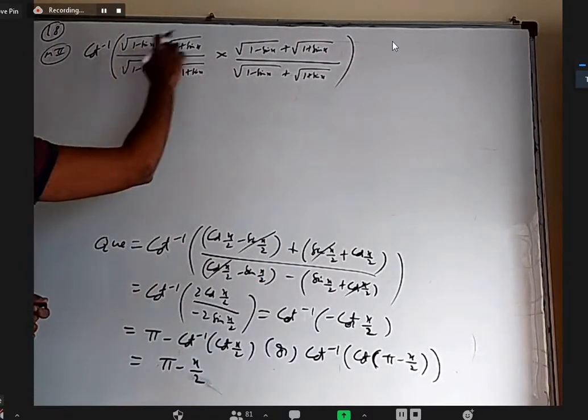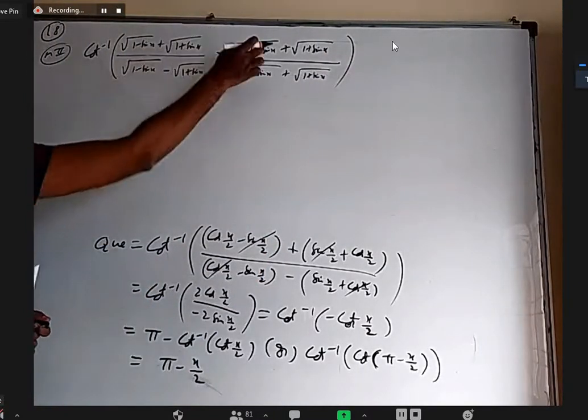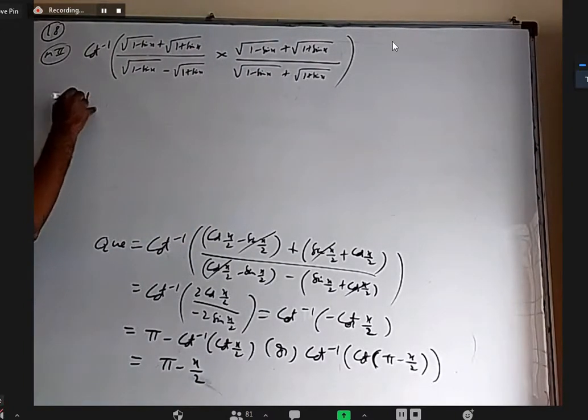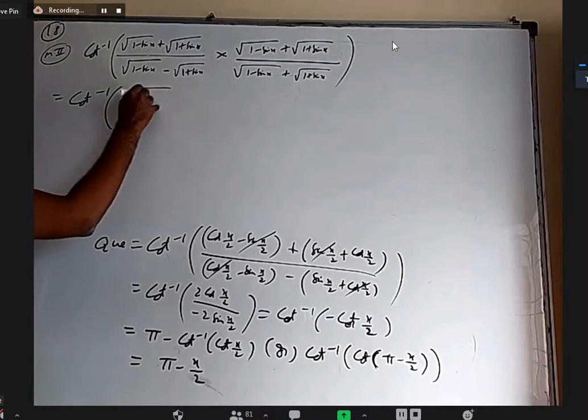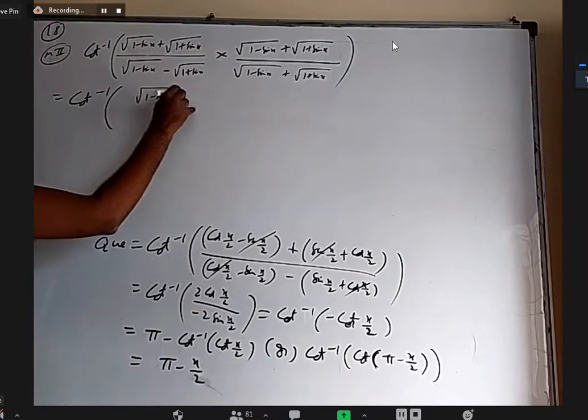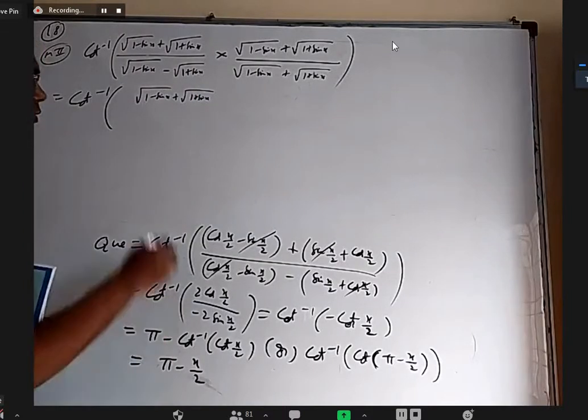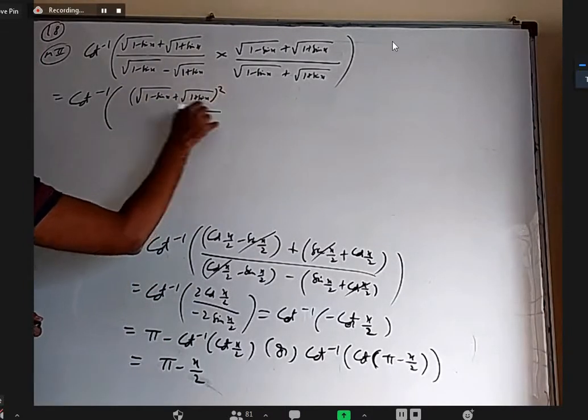Now the numerator is a perfect square, both are the same. The denominator, this and this are the same, in the form of a minus b into a plus b. So cot inverse of root over 1 minus sin x plus root over 1 plus sin x whole square.